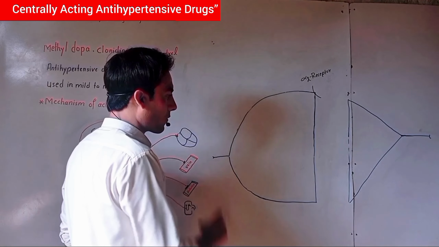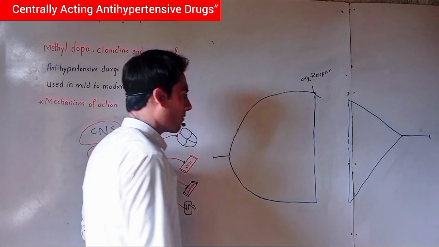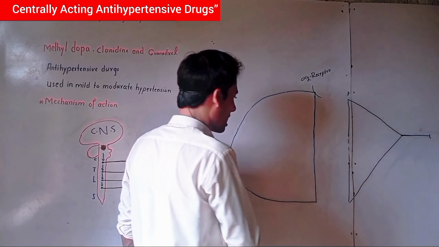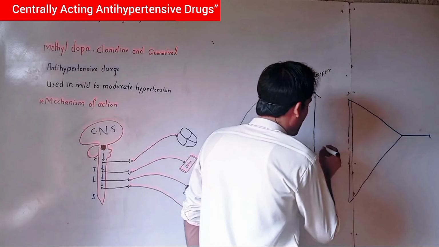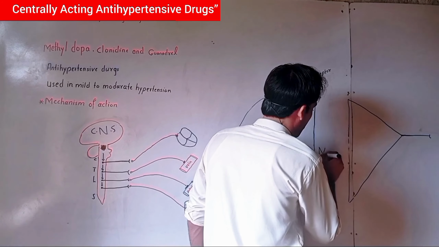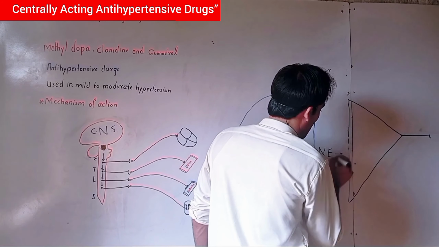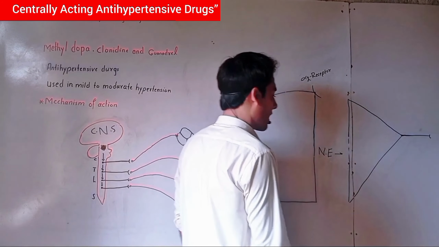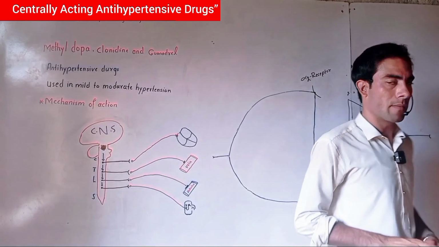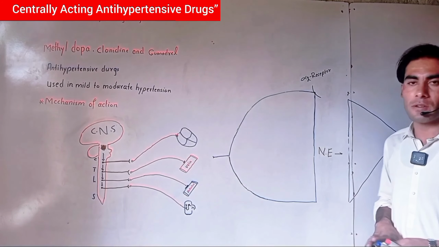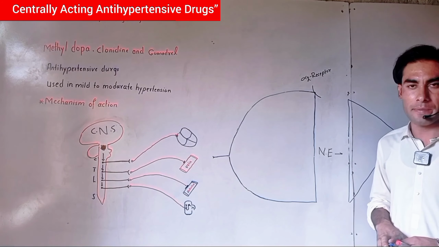Now, when an action potential or stimulus comes, this preganglionic nerve ending releases norepinephrine and stimulates the next neuron or nerve fiber. Now, at this point, the main neurotransmitter is norepinephrine.